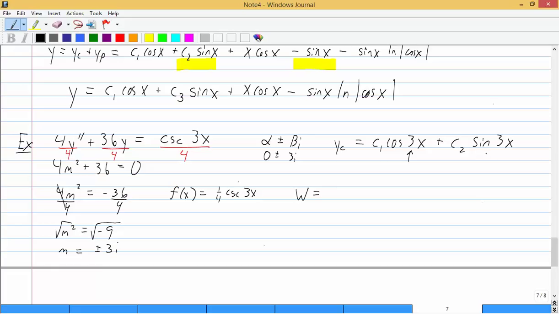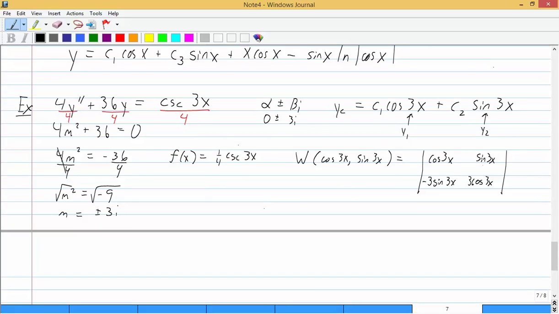All right, so let's figure out our Wronskian. Remember, our Wronskian comes from y sub 1 and y sub 2, which come from the complementary solution. So if I take the Wronskian of cosine 3x, sine 3x, that's going to be equal to cosine 3x, sine 3x. The derivative of cosine is negative 3 sine 3x. The derivative of sine is 3 cosine 3x.